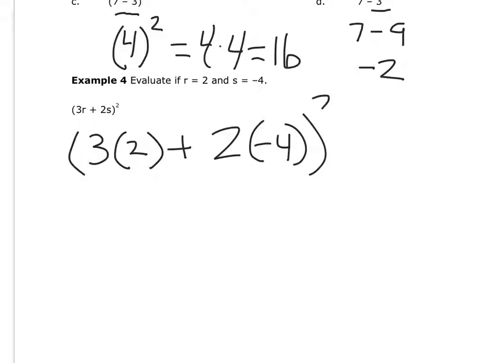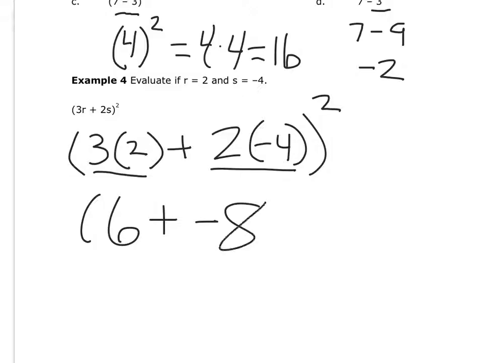And then that whole value is squared. Now inside the parentheses is what I have to do first, and I have multiplication, so I'm going to multiply those. And I have 6 plus negative 8. Then inside the parentheses once again, I have to do that. I get negative 2.